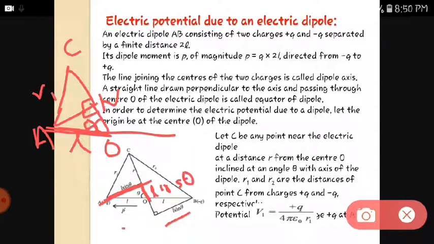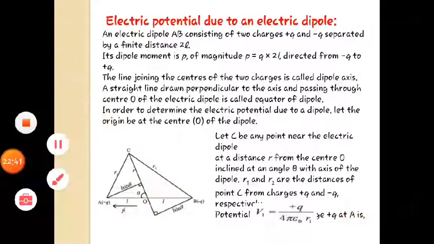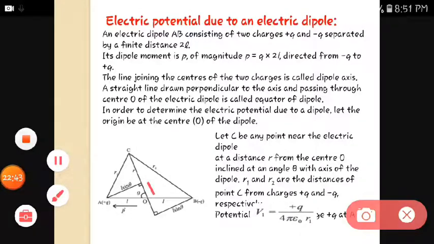In a similar way, we have found here also L cos theta, which is not given in the textbook, so you have to consider this point. How we have calculated this: sine theta is opposite side divided by hypotenuse, so we are getting this length as L sin theta, and by using the same method we have calculated this, which is L cos theta.